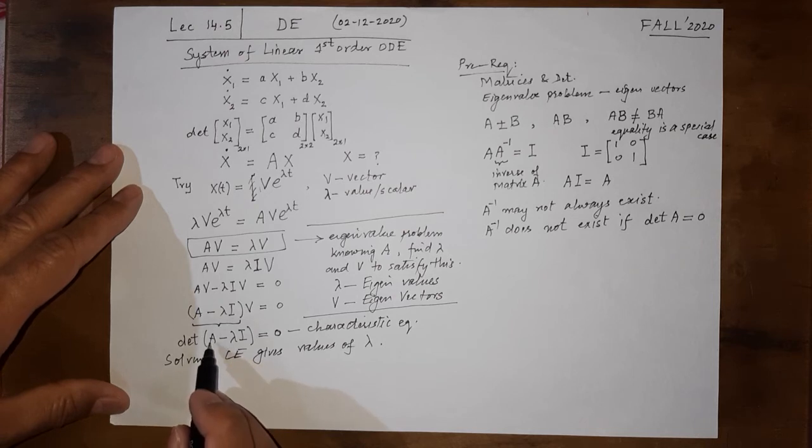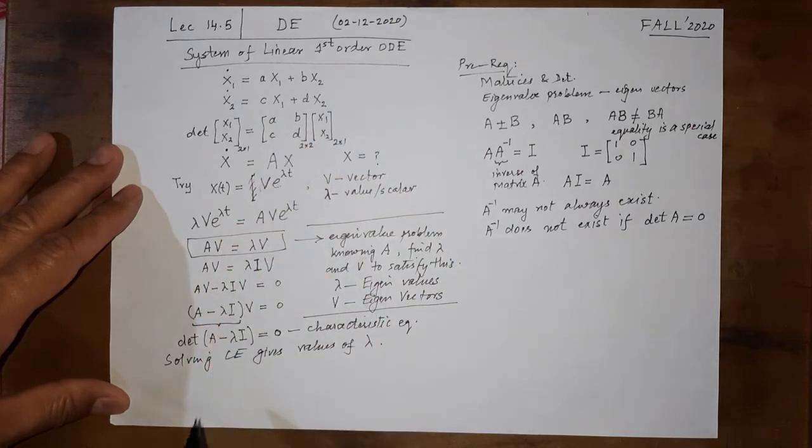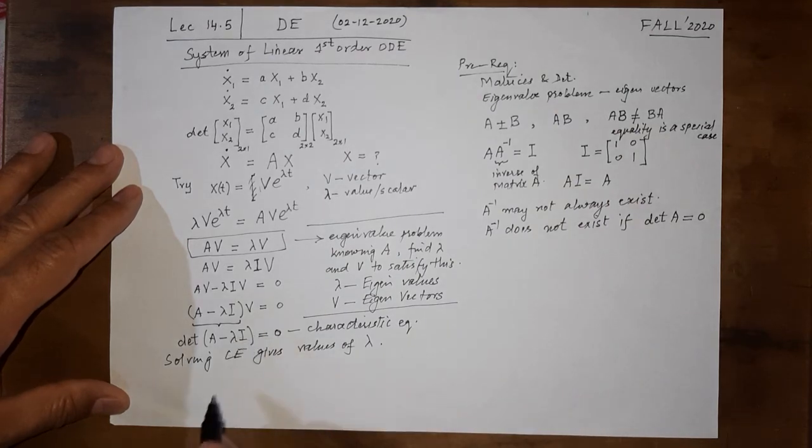So let us say A is a 2 by 2 matrix [a, b; c, d], and I for a 2 by 2 matrix is the identity matrix, and lambda is a scalar. So what do we have here?